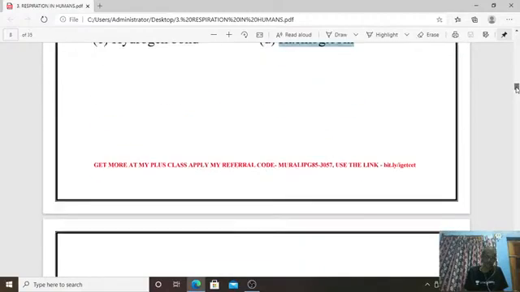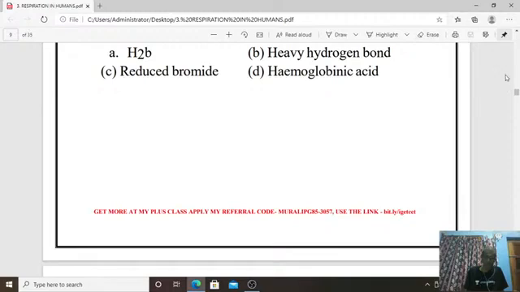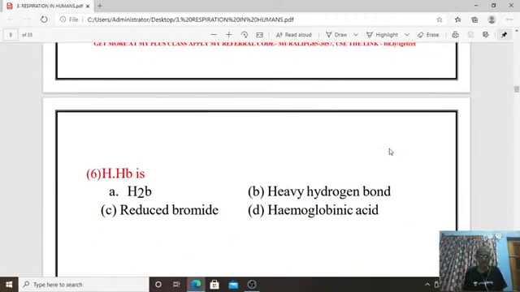The next question. HB is hemoglobin. What is HHB? It is hemoglobinic acid. When the hydrogen ion combines with the HB, when H plus combines with hemoglobin, it will form HHB, hemoglobinic acid. This happens during carbon dioxide transport under Hamburger's phenomenon or chloride shift mechanism.